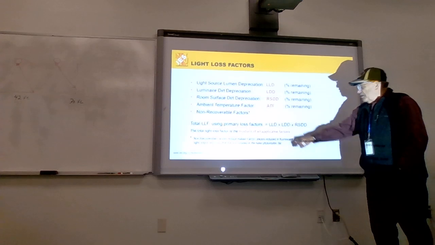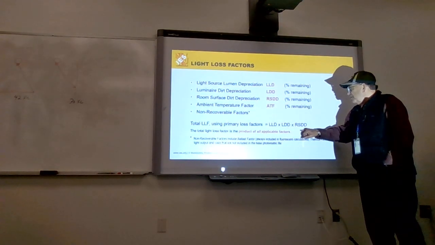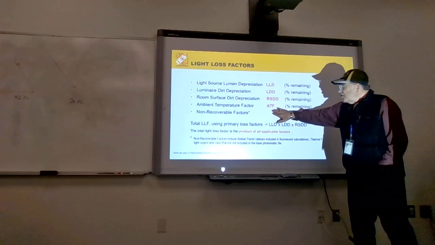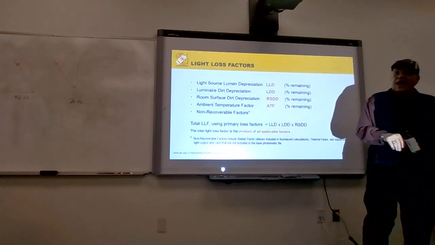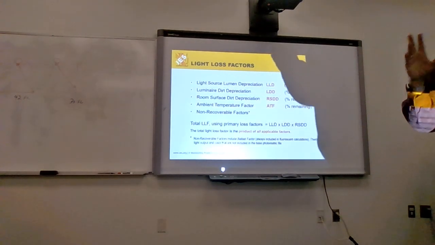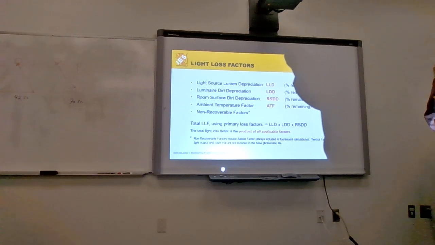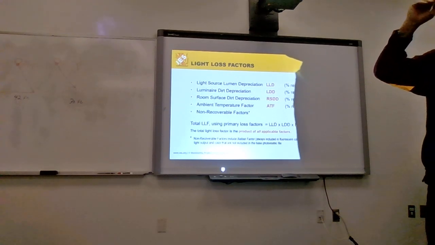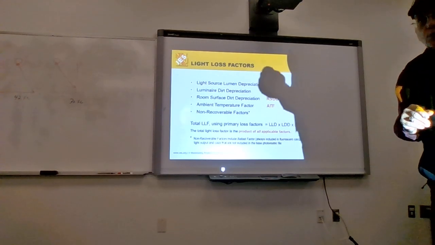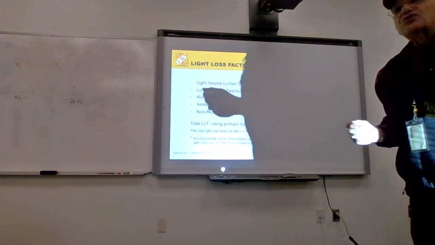So what we do is we multiply the LLD times the LDD times the RSDD. Now, sometimes the ambient temperature factor comes into play because a luminaire is measured at a specific temperature. So let's say that's a 3,000 lumen luminaire, but that's measured at 72 degrees Fahrenheit.